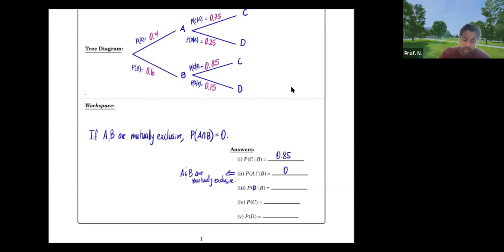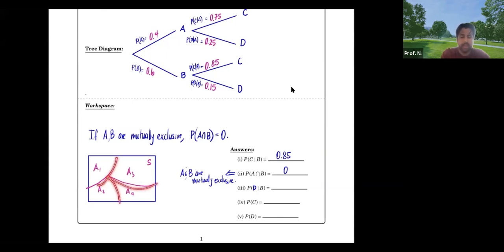So if you have a partition of a sample space, and you divide up this sample space into regions that are all events, and these events, because of the way it's drawn pictorially, don't have any overlap, the intersection is the empty set.